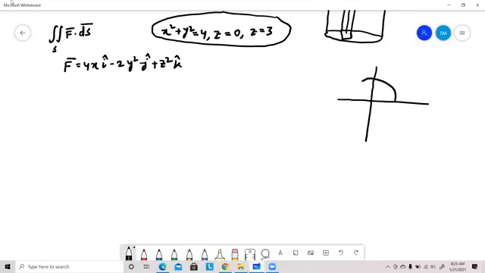Center is the origin 0 0. Good. So the first one is this, say origin 0 0, radius r equal to 2, and this is Gauss equation x square plus y square equal to 4.